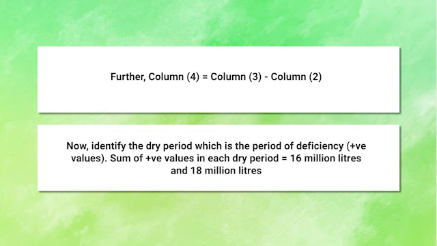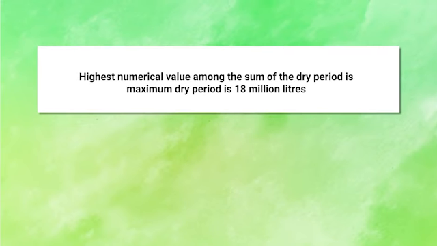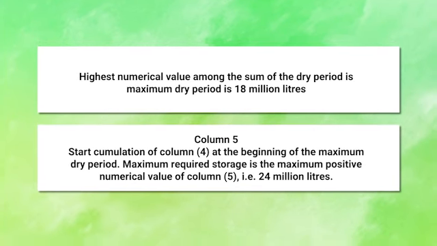Now identify the dry period, which is the period of deficiency, with all positive values. The sum of the positive values in each dry period is 16 million liters and 18 million liters. The highest numerical value among the sums of the dry periods is the maximum, which is 18 million liters.